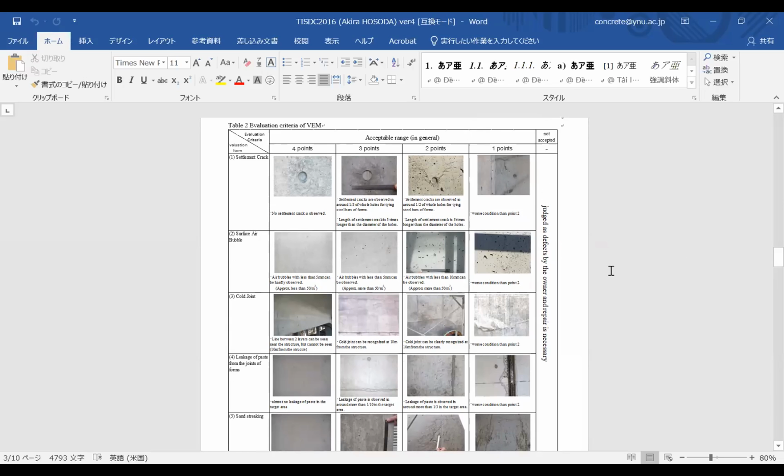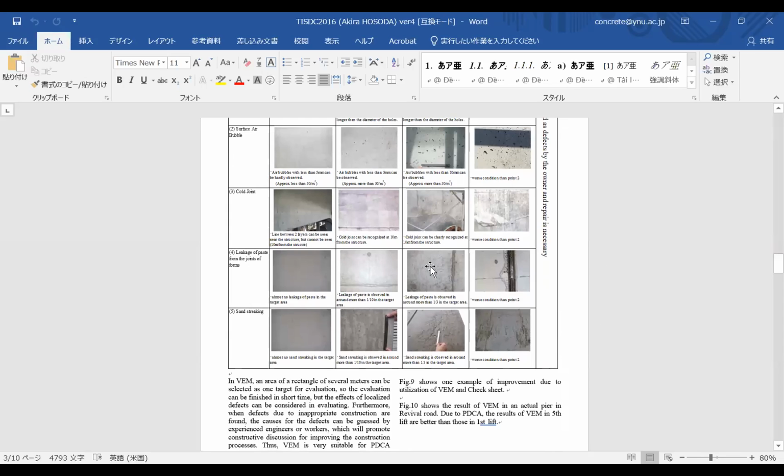If the human system is poor, if the human system is stupid, if some workers are lazy, if your supervisor is lazy, if the contractor's system is bad, honest concrete shows the evidence, like settlement crack, like surface air bubbles due to poor compaction, or cold joint, or not horizontal joint, or leakage of cement paste from the joints of the form, or sand streaking like that.